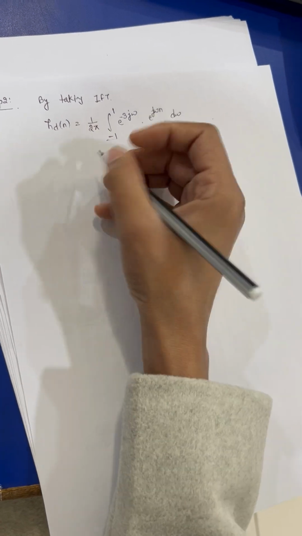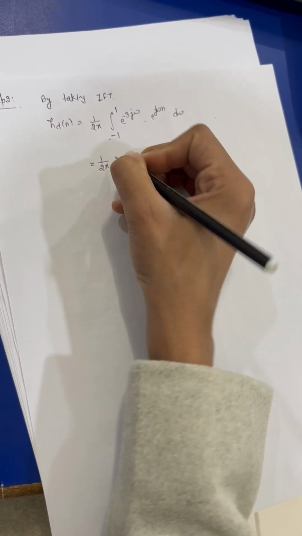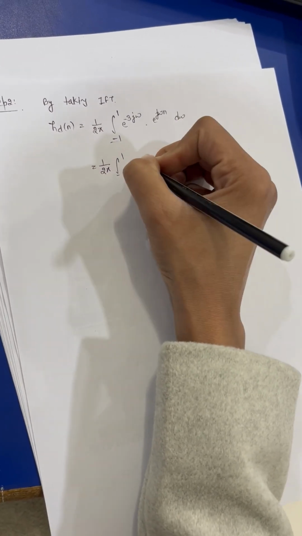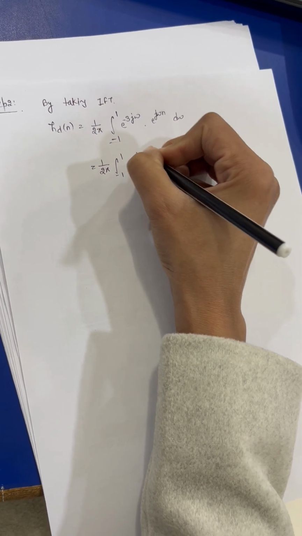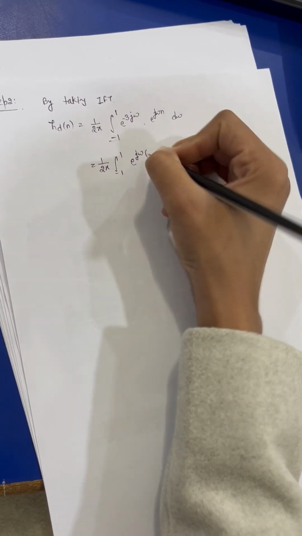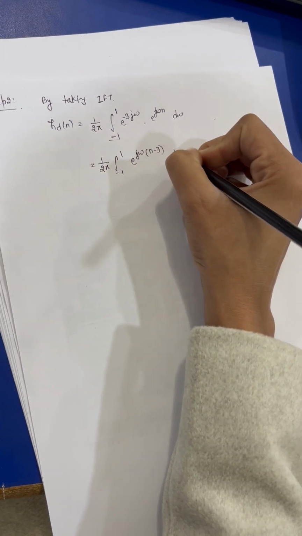So by solving the integration, we can write 1 upon 2π, integral from minus 1 to 1 of e to the power jω(n minus 3) dω.